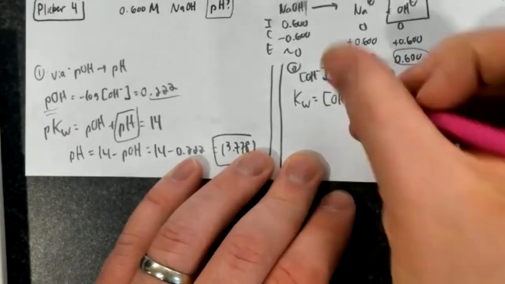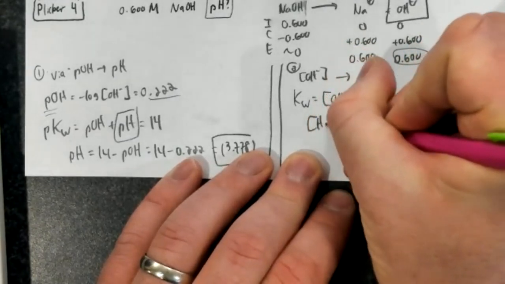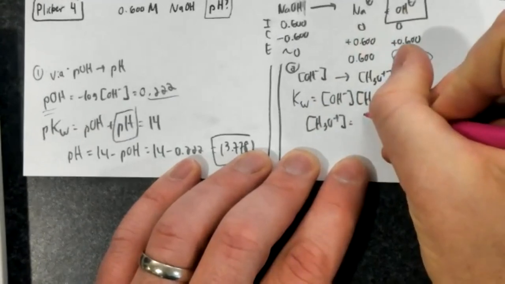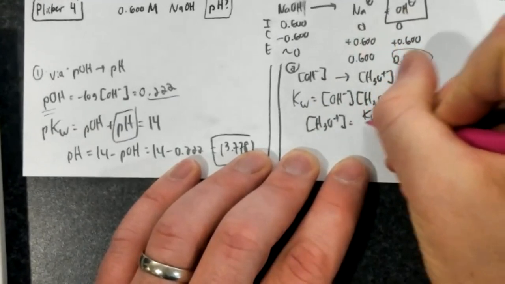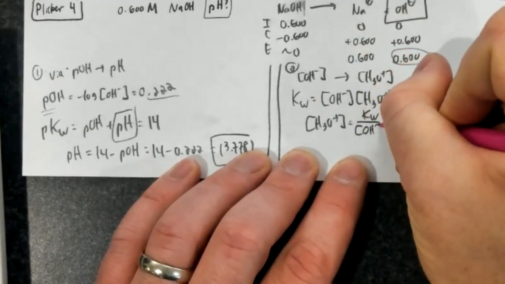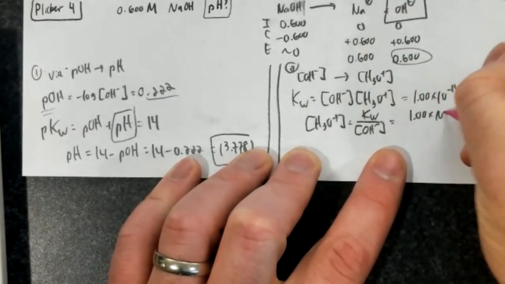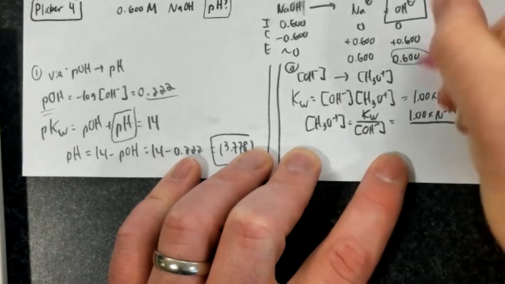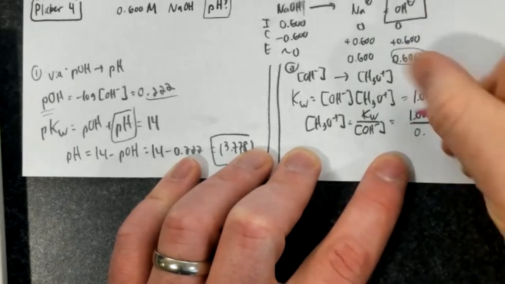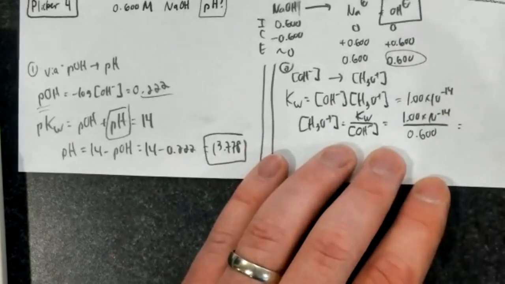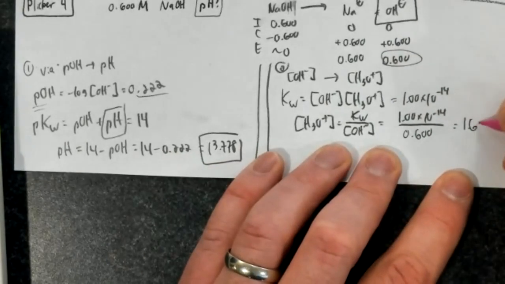We can rearrange this equation to solve for H3O plus: it's going to be Kw over the concentration of OH minus. So that equals 1.00 times 10 to the minus 14 over 0.600. I plug that into my calculator, and I get 1.6 repeating times 10 to the minus 14.